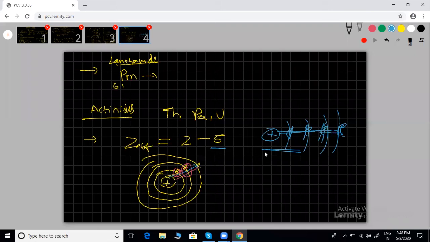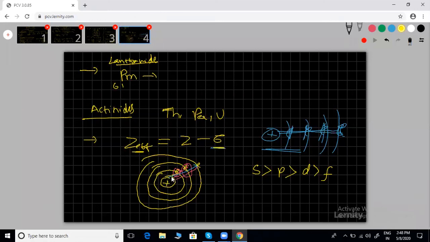That is the screening effect order we are giving. Try to note this down, as it was in previous questions also. In screening effect order, the s orbital has the highest screening effect, next p orbital, next d orbital, f orbital. This is the reason d and f orbitals have less screening effect. That's the reason they show lanthanide contraction and actinide contraction. Whenever screening effect is less, Z effective increases.